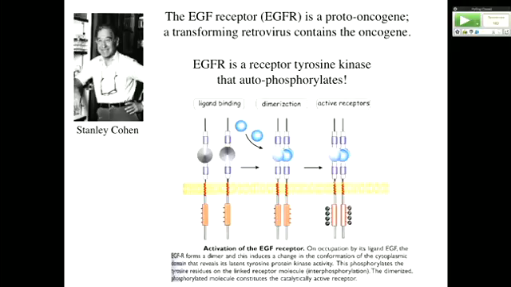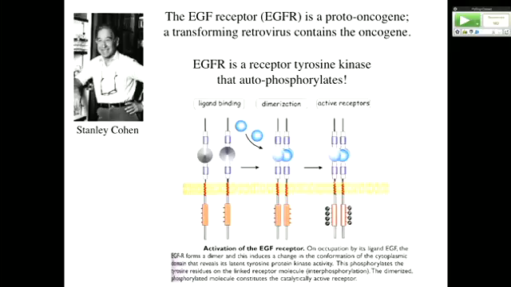That mutant form of the receptor was activated even in the absence of EGF. And that led to the understanding of the mechanism of EGF receptor activation. First of all, what is the structure of the EGF receptor?